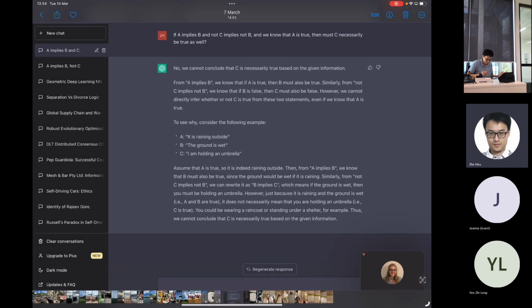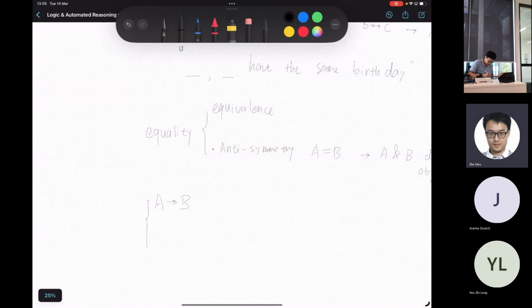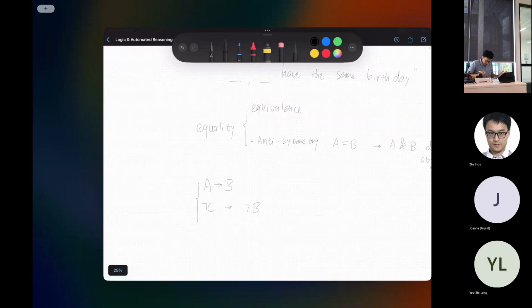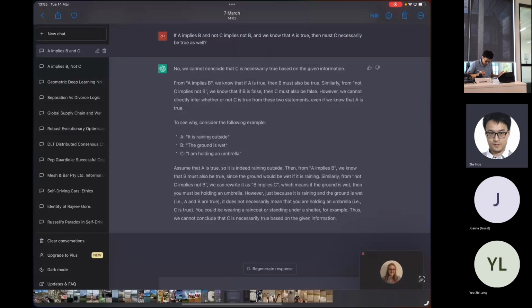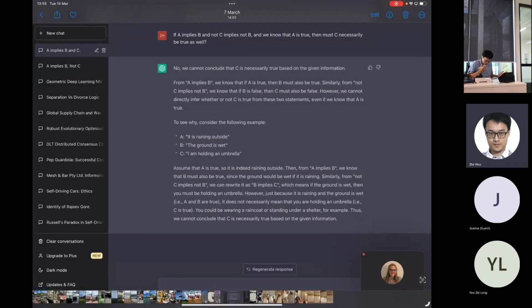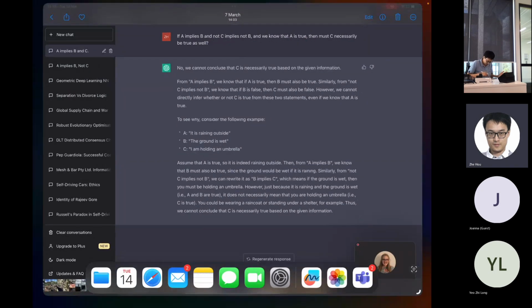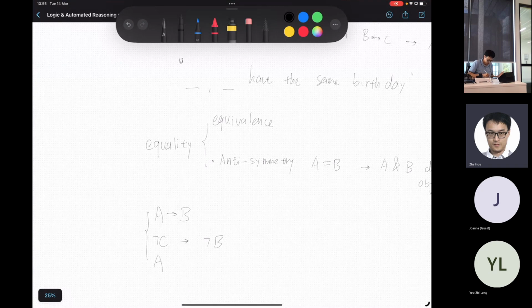Not C implies not B. And the third one is A is true. Now the question is, what about C? And from a logic point of view, it's really, really simple.